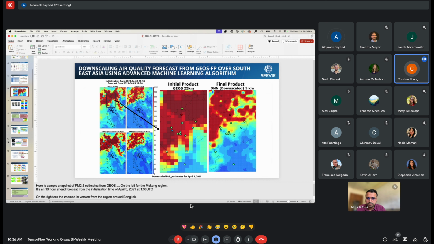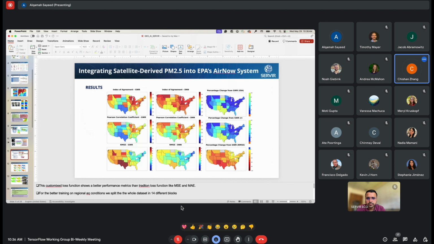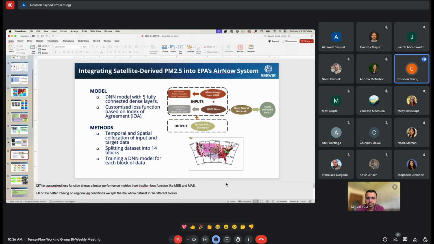Another question is about your comparison. I just want to have a discussion with you because you compare your DL model with a GWR model. We know the GWR model works because it relies on spatial autocorrelation, considering that aspect.